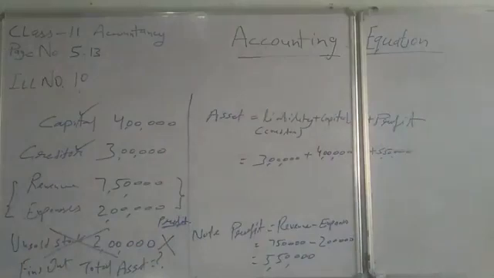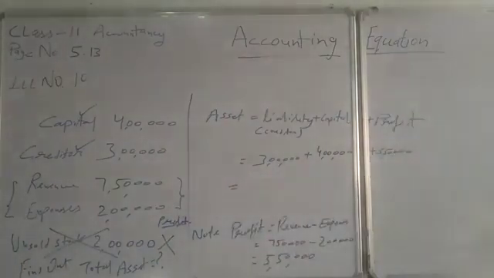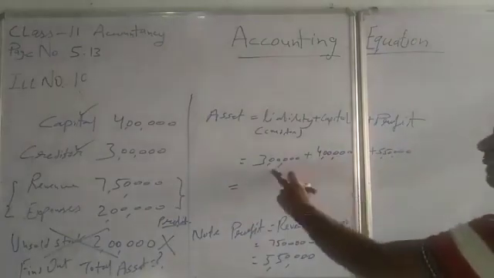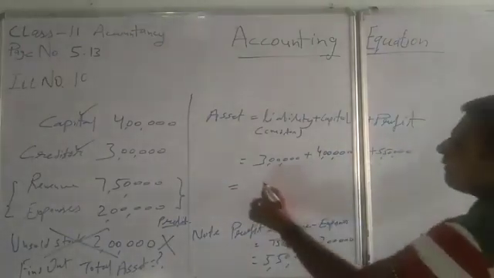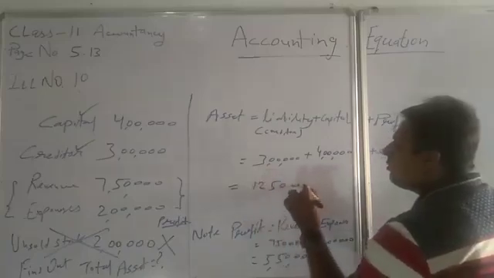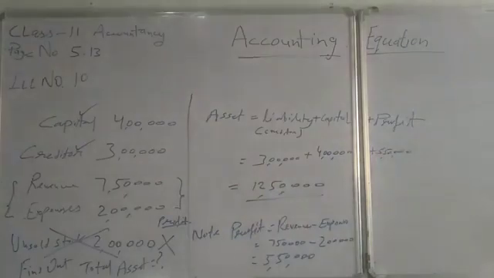Okay. So here what will come? These 3 things only. 4 lakh plus 3 lakh, 7 lakh, 7 lakh and 5 lakh, 12 lakh. That is the solution. Illustration number 10. Understand it well.